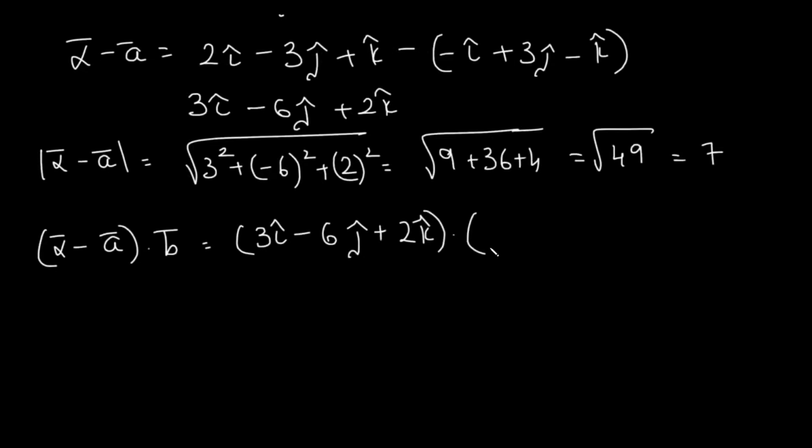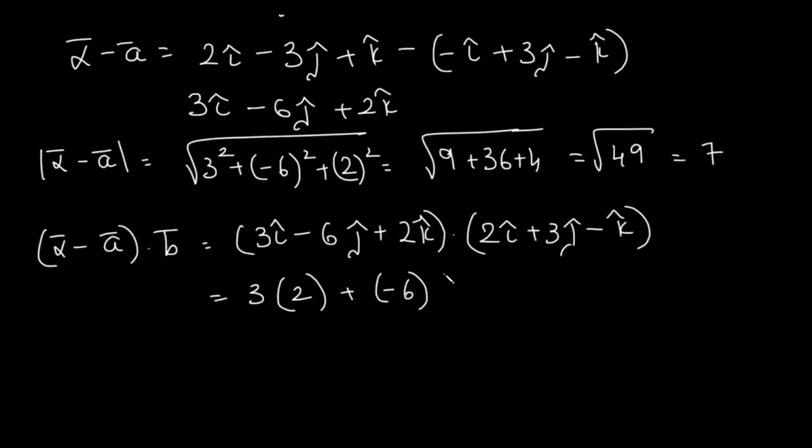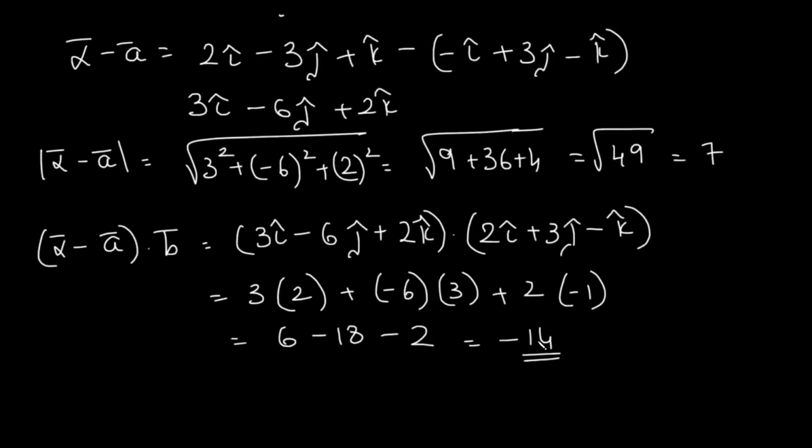B from the given question, we have 2i plus 3j minus k. So this gives us 3 into 2. Remember how to find the dot product. Plus minus 6 into 3 plus 2 into minus 1, which gives us 6 minus 18 minus 2, which is minus 20 plus 6, that is minus 14. So alpha minus a dot b comes out as minus 14. So we've got two of our answers, 7 first of all and this 14.